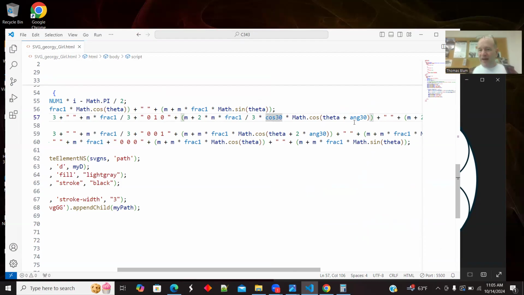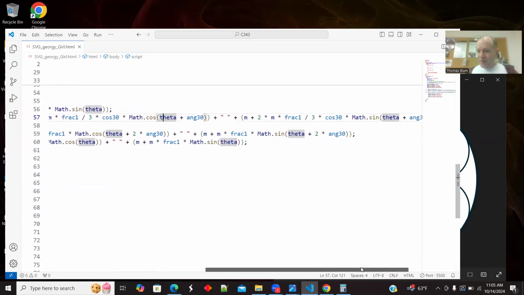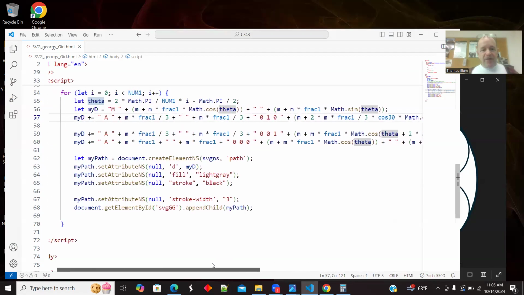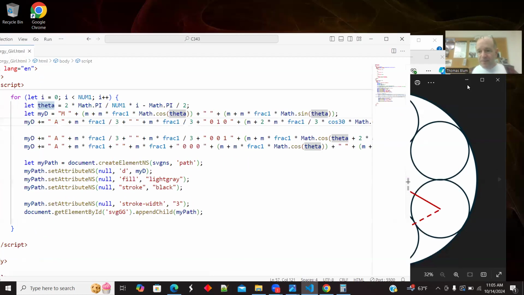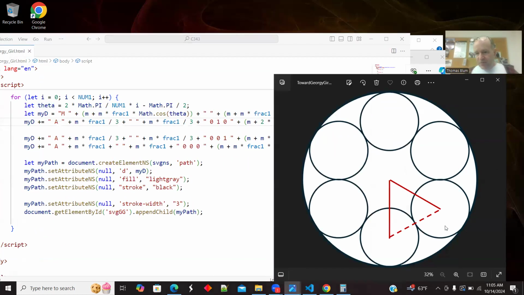And then I have my angle, which is 30 degrees different than my angle on the outer part of the circle that I started with. And same thing, but for sine. So that was, again, this kissing point. So I'm coming around past the first kissing point to the second kissing point.